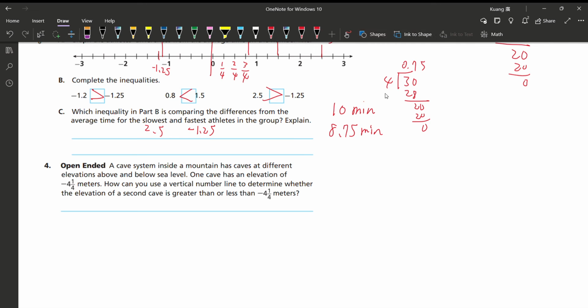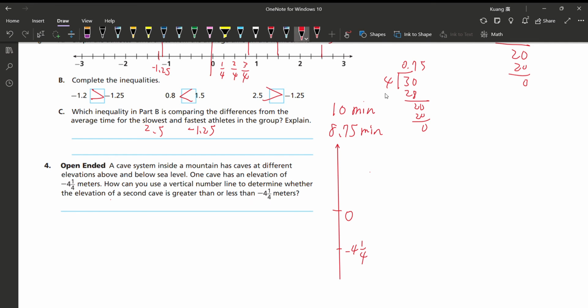When I use a vertical number line, I start from 0 and positive is up. Negative should be below 0, so negative 4 and a quarter maybe is here.